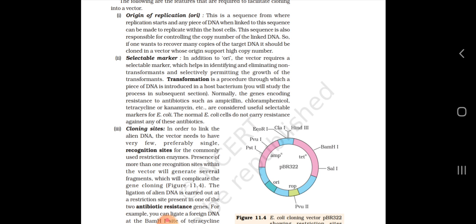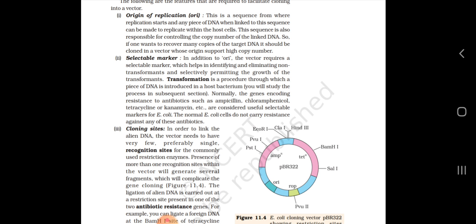Now, what is antibiotic resistance? Suppose a person is suffering from any kind of bacterial disease. We don't find that the doctor always gives the same type of antibiotic for any kind of bacterial disease, right? Now, why is this so? This is due to the presence of the plasmid vector inside the bacterial cell, and this plasmid vector contains a site of antibiotic resistance.